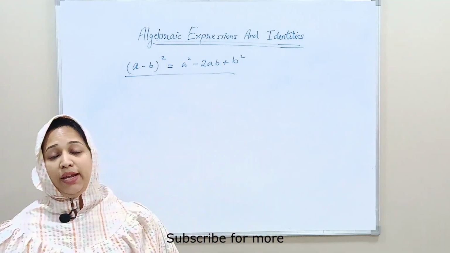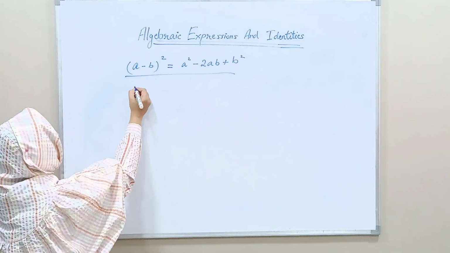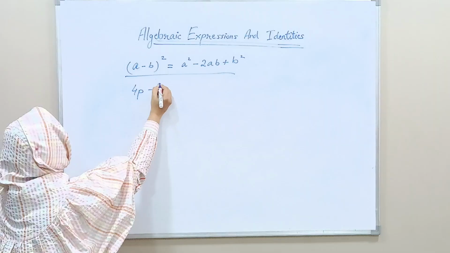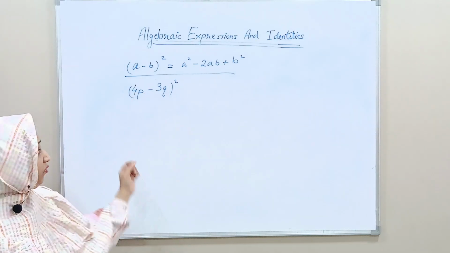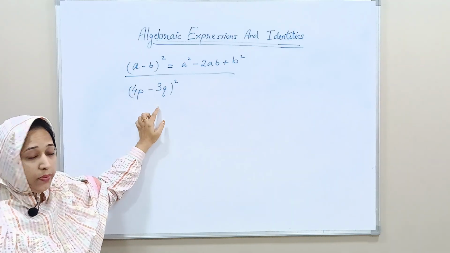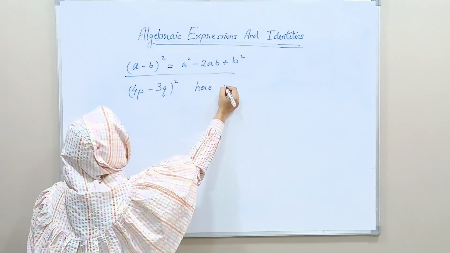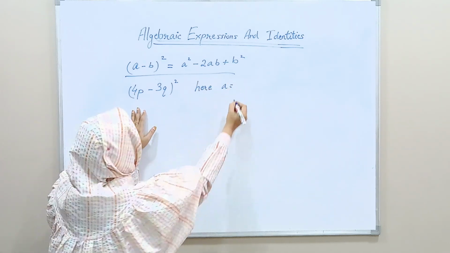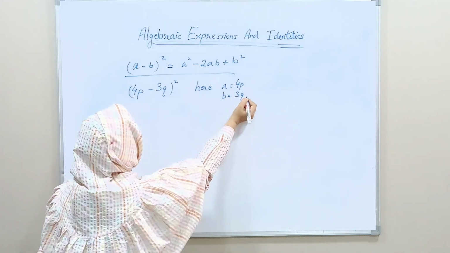Now applying this identity in the given equation, suppose we have (4p - 3q) whole square. Comparing it with the given identity, (a - b) whole square, first identify a and b here. So here a is equal to 4p and b is equal to 3q.